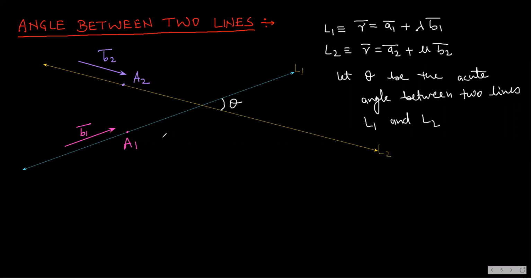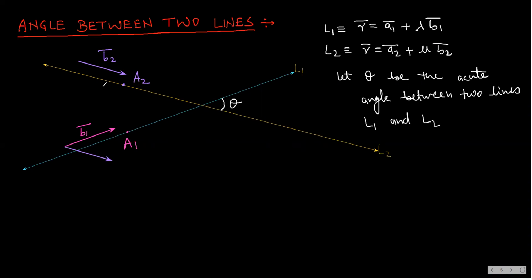Very good. Listen here. As the two vectors are parallel to these two lines, the angle between these two vectors will be the same as the angle between the two lines.